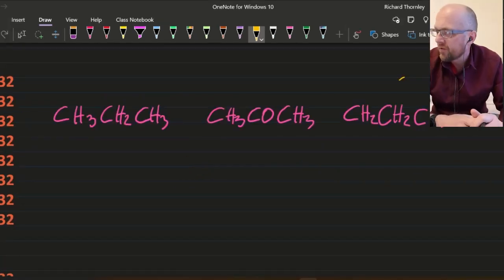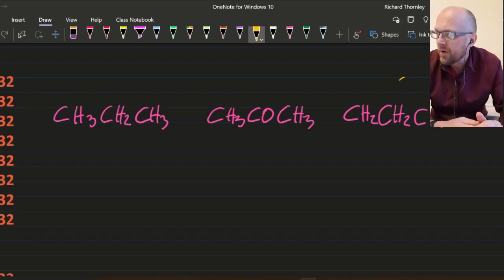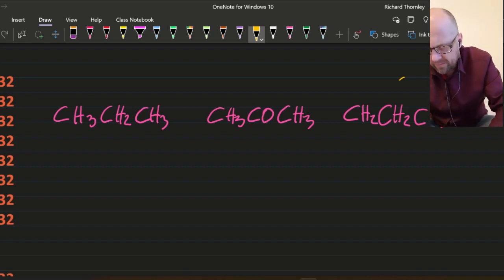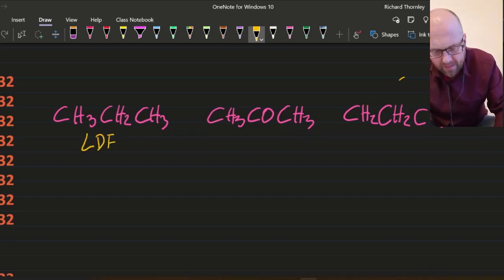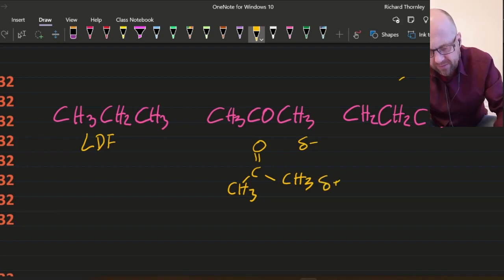Increasing boiling point, so you have to look at the intermolecular forces there. So increasing boiling point, lowest one first. Well, this has London dispersion forces. This actually, if you were to draw it out, has dipole-dipole, because this end's a little negative, that end's a little positive, so that's dipole-dipole.